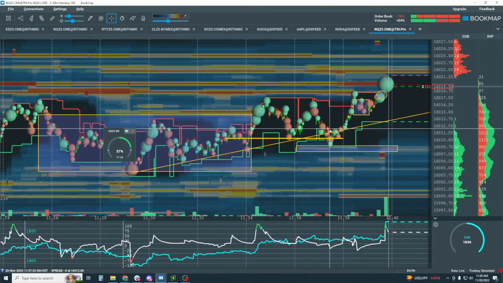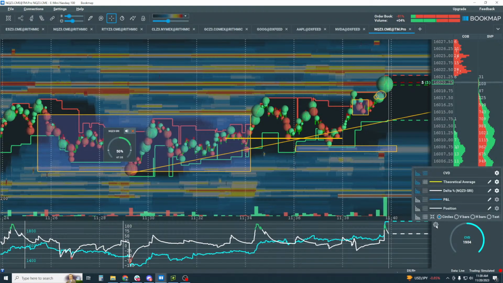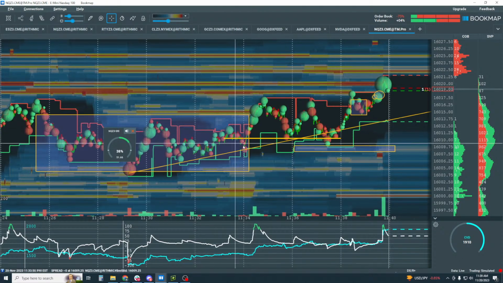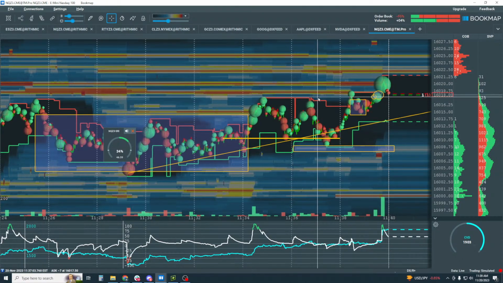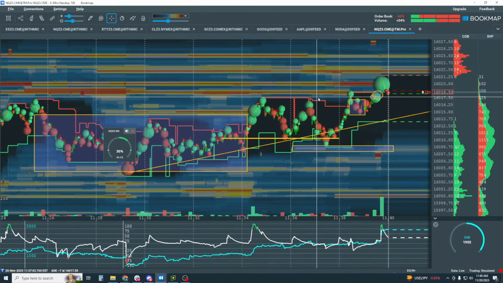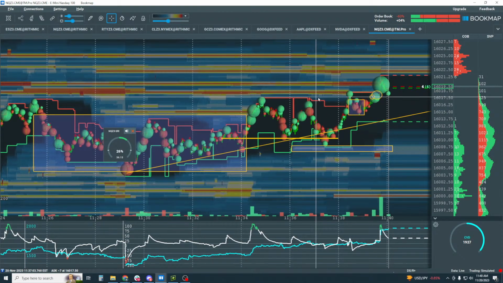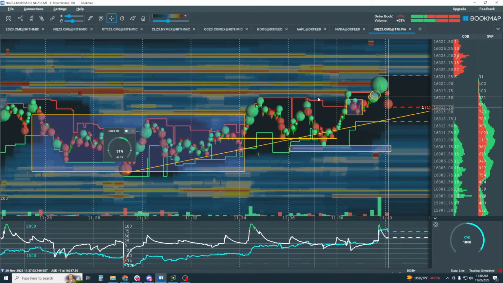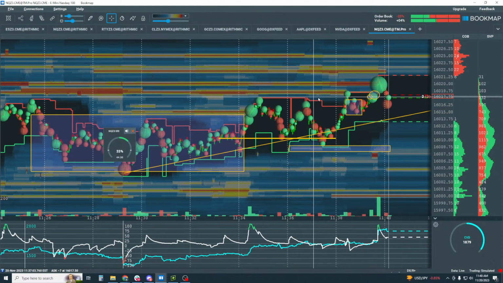Now note that icebergs and stops will not work here on this Trader Map Pro, because we filtered the data, so it is very different now. All right, so just note that.